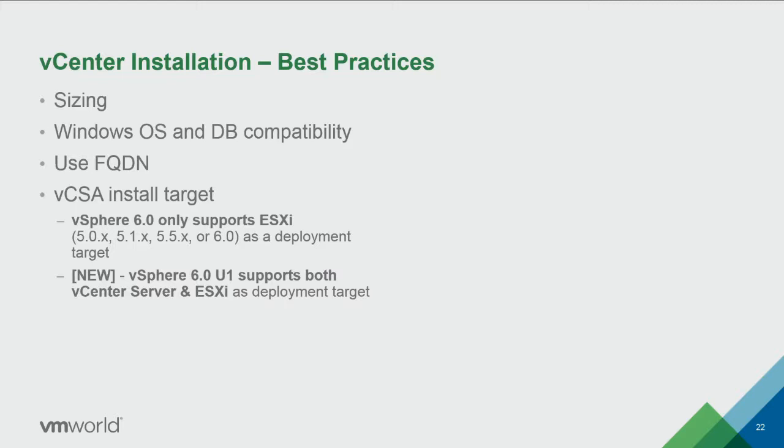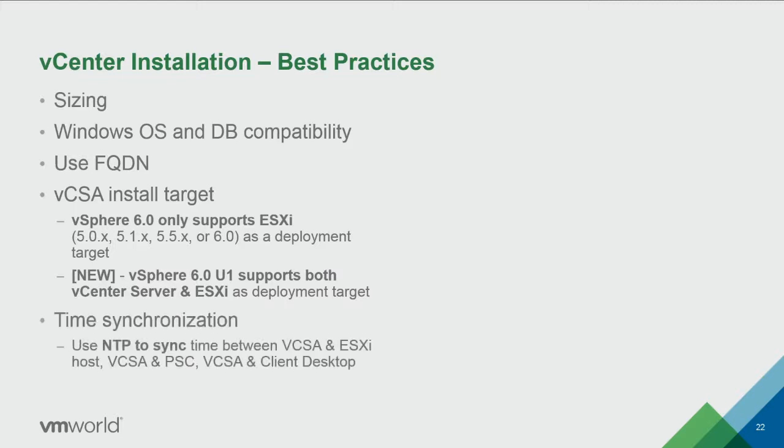Here you have to use an ESX host, and you have a different interface. The install target here is actually an ESXi for 6.0. For U1 we support vCenter, but for 6.0 basic, you would have to point it to an ESX host, right?